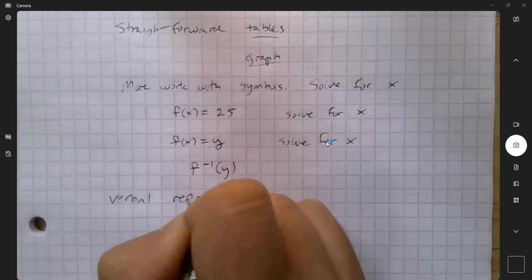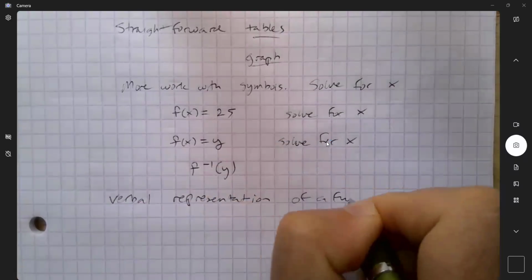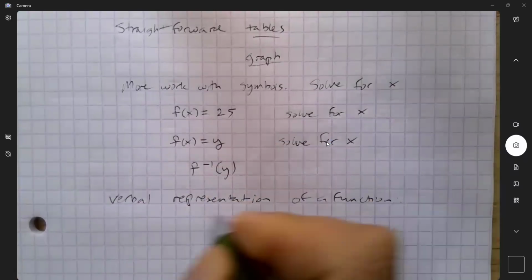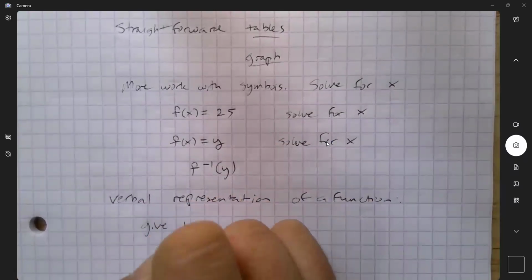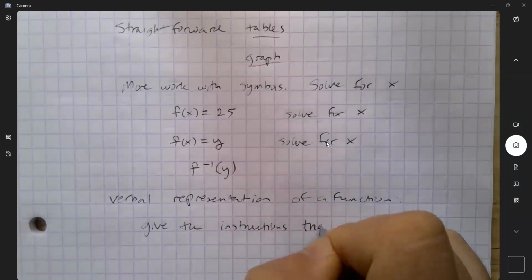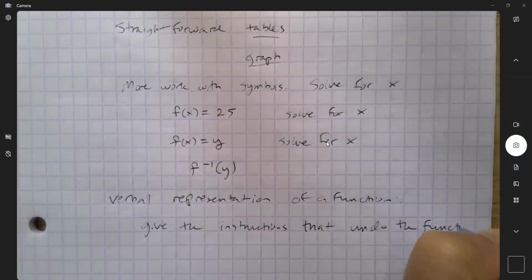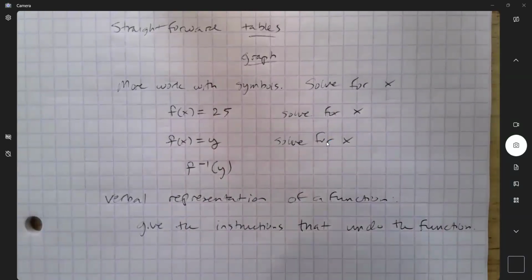The verbal representation of a function, you just give the instructions that undo the function. If the function is getting ready to go out the door, first I put my socks on, then I put my shoes on. If I want to undo that, first I take my shoes off, and then I take my socks off.